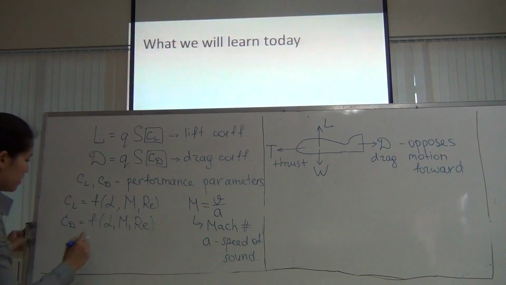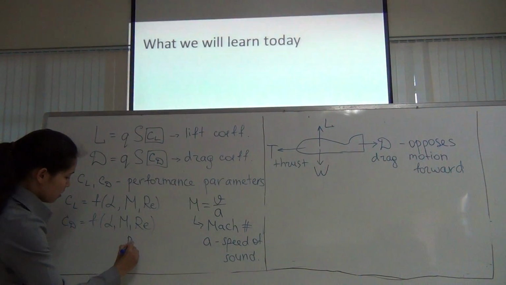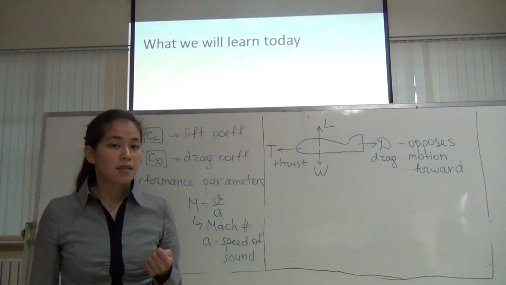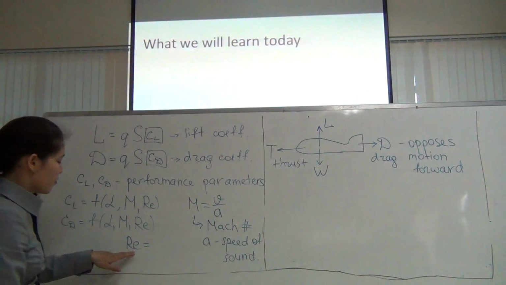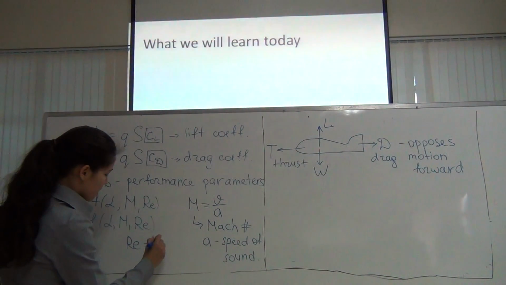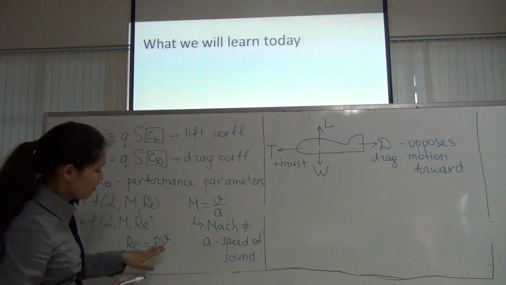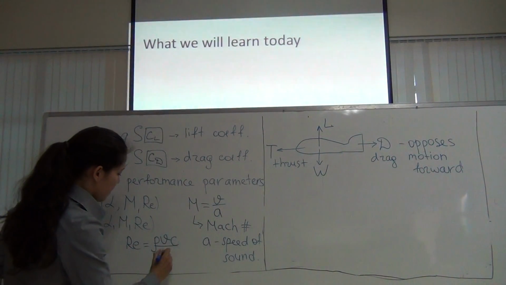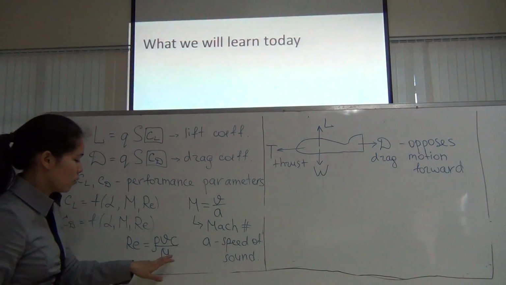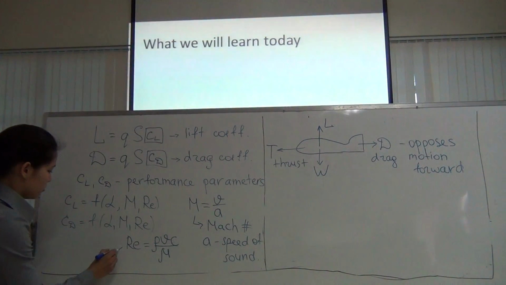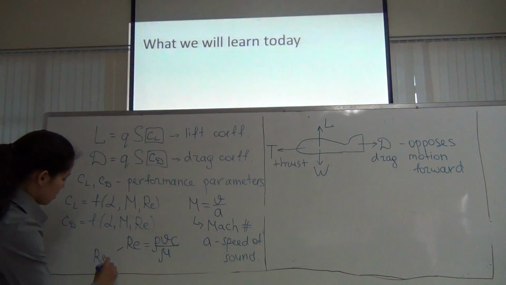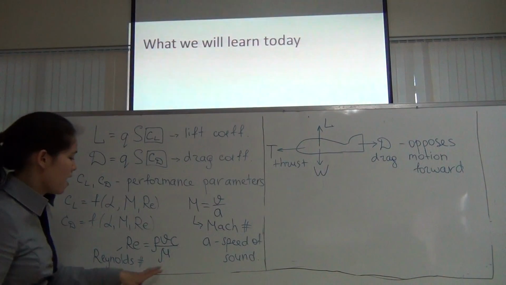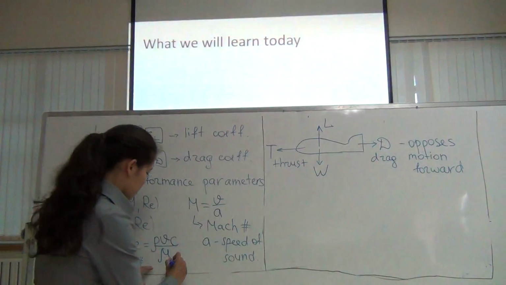And what is Reynolds number? Reynolds number is a measure of viscosity of the flow. Reynolds number is defined as density multiplied by velocity multiplied by chord of the airfoil and divided by viscosity. So this is called Reynolds number. And mu is viscosity.